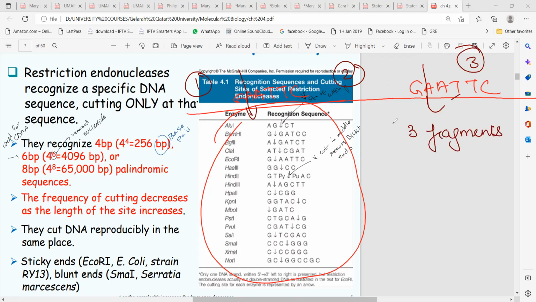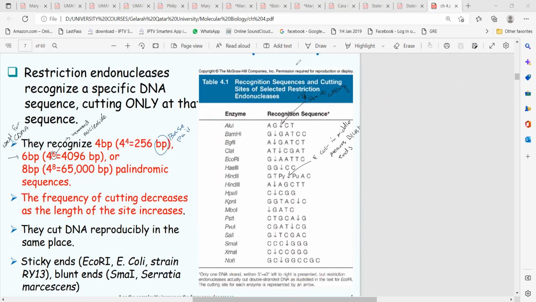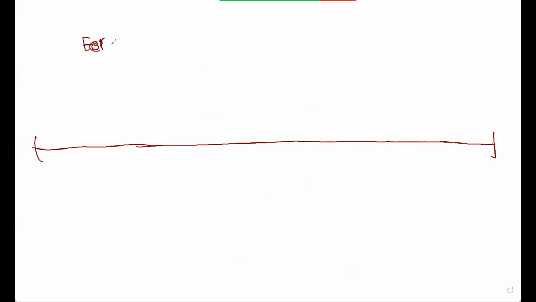Can you repeat it? See, if this is the whole DNA, I give you a sequence of DNA and say I have a restriction enzyme, EcoRI, which cuts at GAATTC.